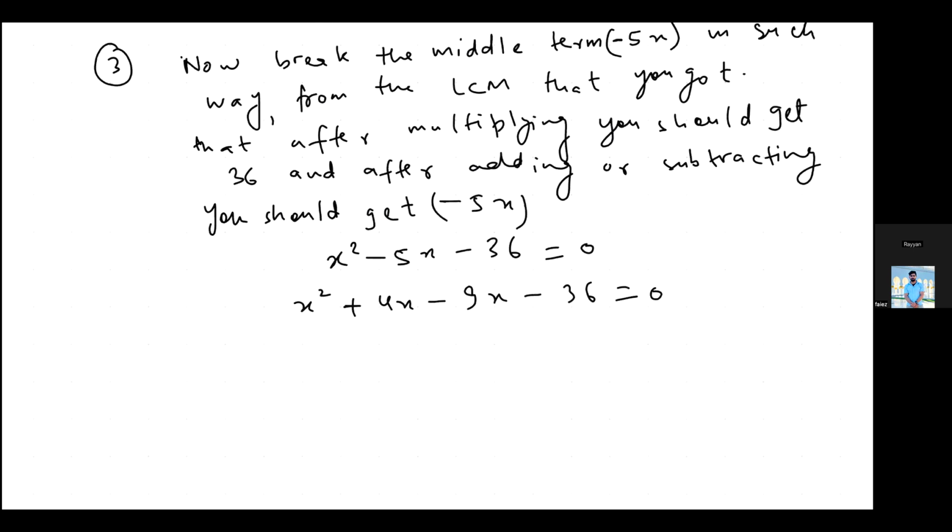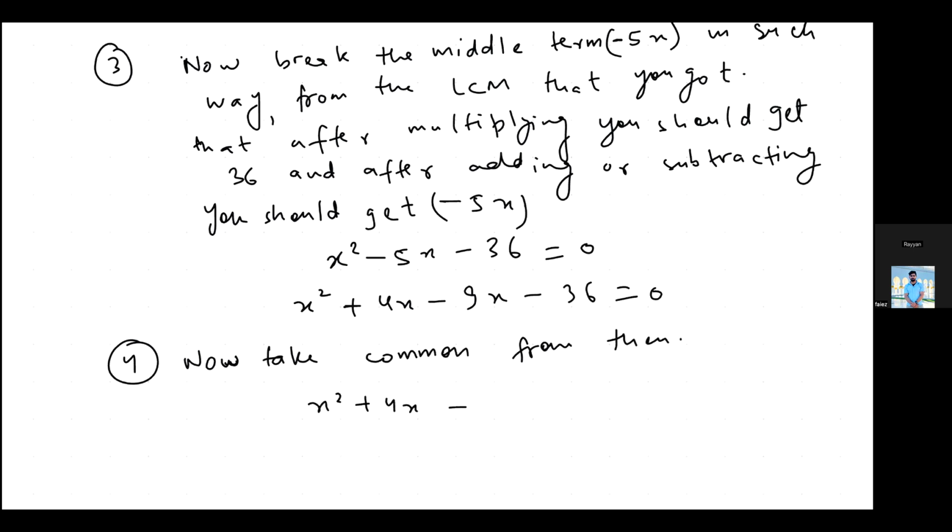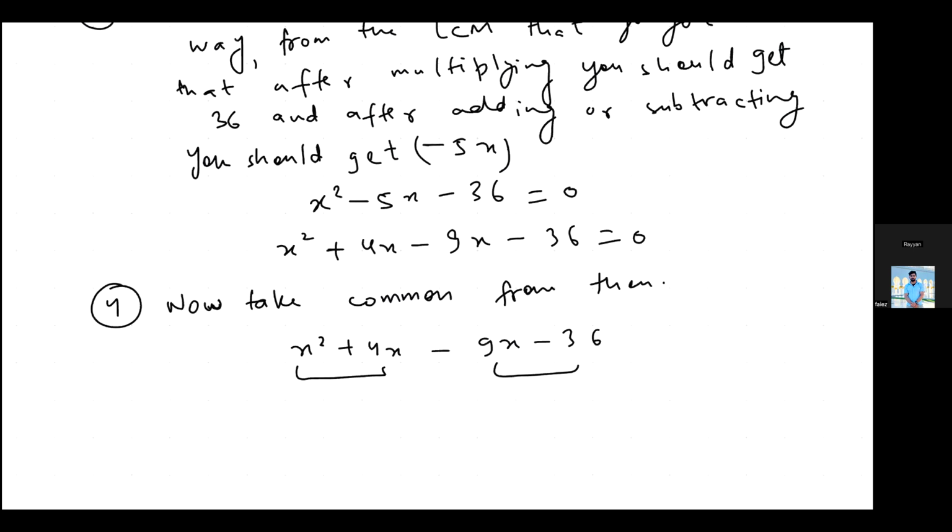Okay. Now take common from them. How? X square plus 4x minus 9x minus 36. Take common from these two and these two. If you do so, this is made up of x times x plus 4 times x.